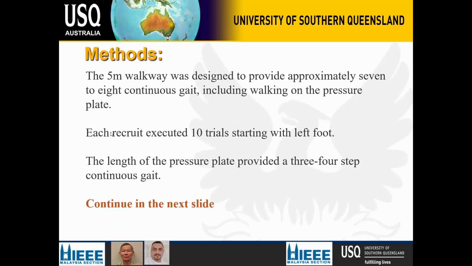Methods. The 5-meter walkway was designed to provide approximately 7 to 8 continuous gait steps, including walking on the pressure plate. Each recruit executed 10 trials starting with the left foot. The length of the pressure plate provided 3 to 4 continuous gait steps.